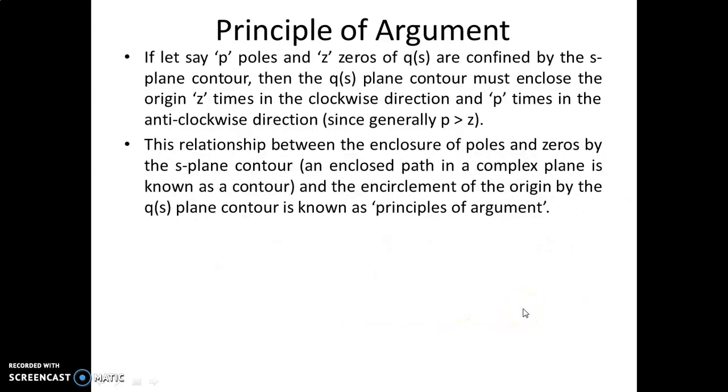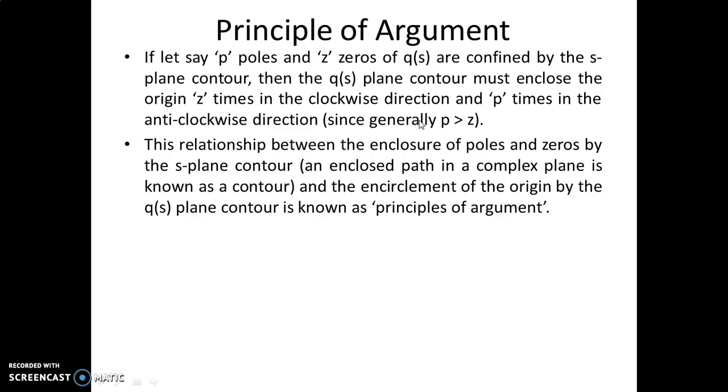Now another point is the principle of argument, because the Nyquist stability criterion is based on the principle of argument. Let's say P poles and Z zeros of F of S are enclosed by the S-plane contour. Then the F of S plane contour must encircle the origin Z times in the clockwise direction and P times in the anti-clockwise direction.